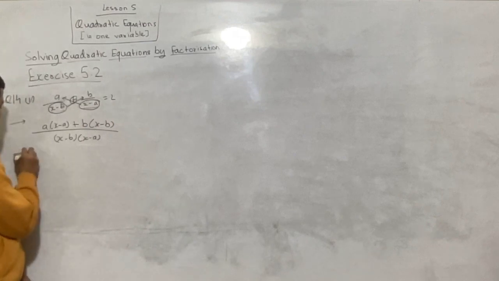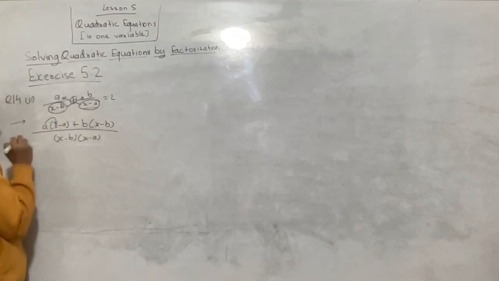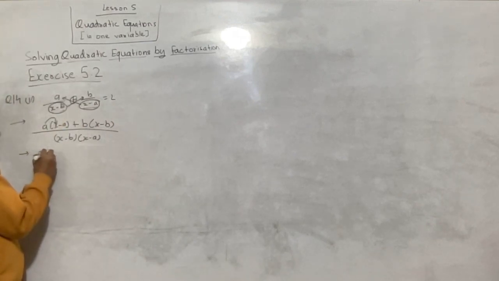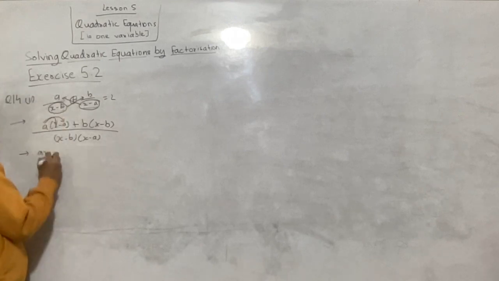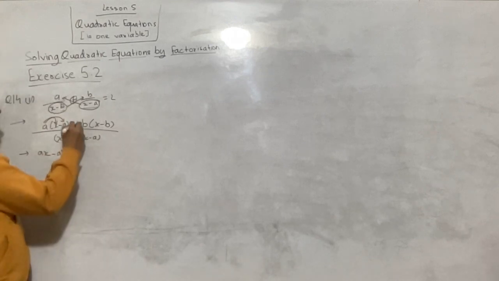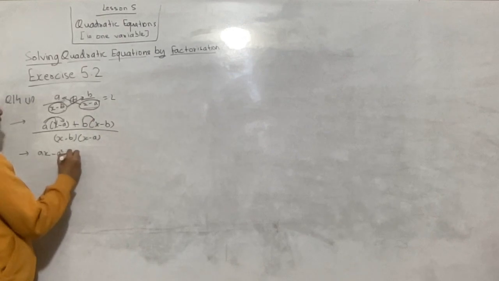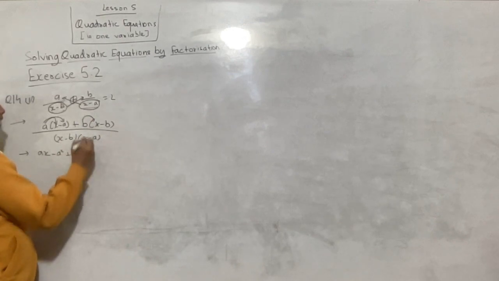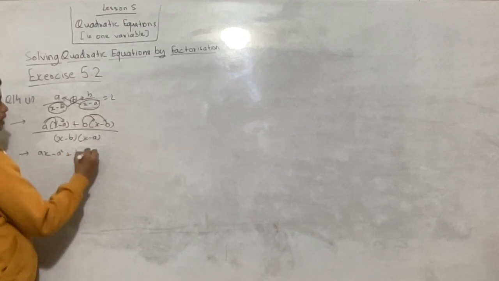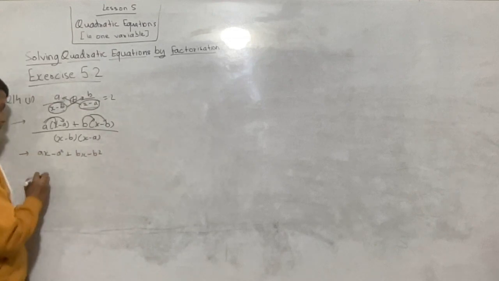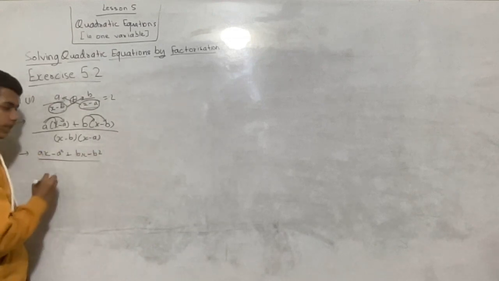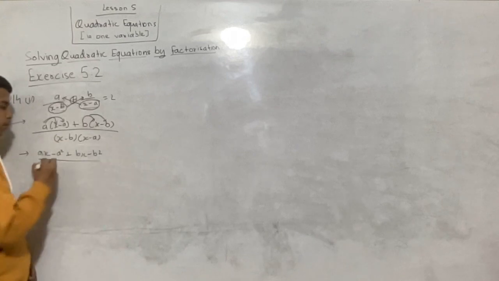So let's move further. We will first multiply a with x, so we get ax, and then we will multiply a with minus a, we get minus a square. Same here, b into x gives you plus bx, and b into minus b gives you minus b square. Here in the denominator we have to use the distributive property.